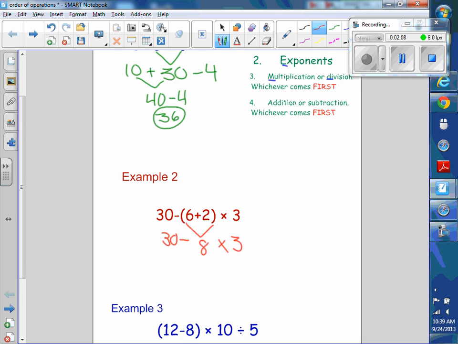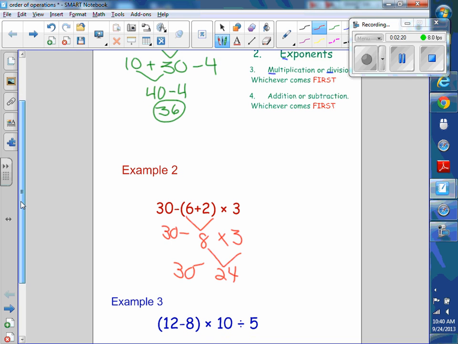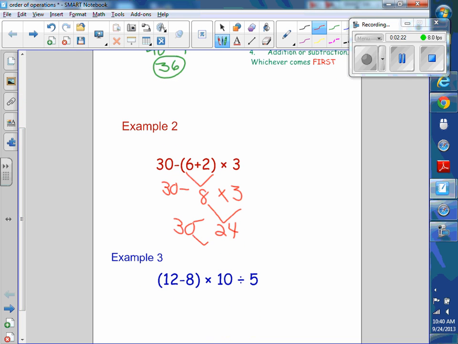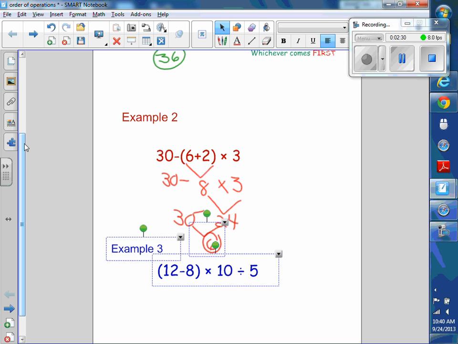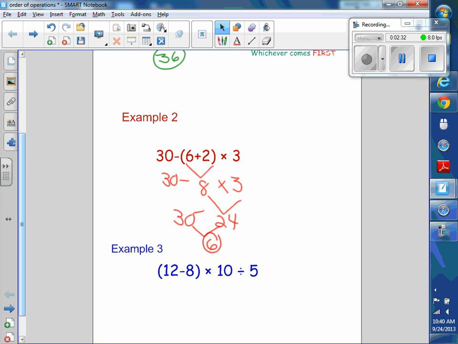So now what happens? Multiplication comes next. Good. And then what happens? Nicely done. All right. Let's move this example up here.